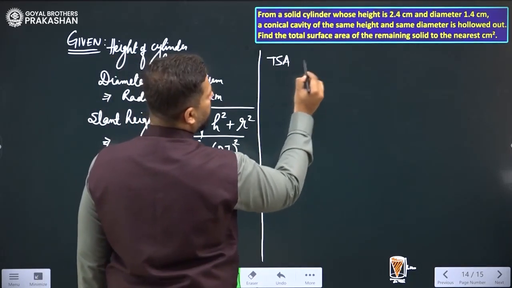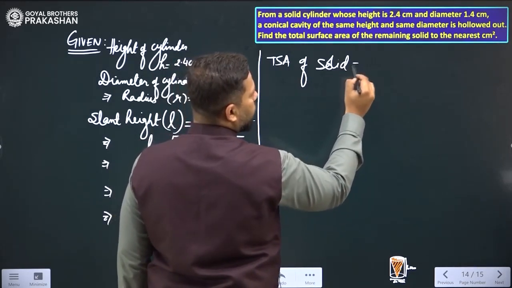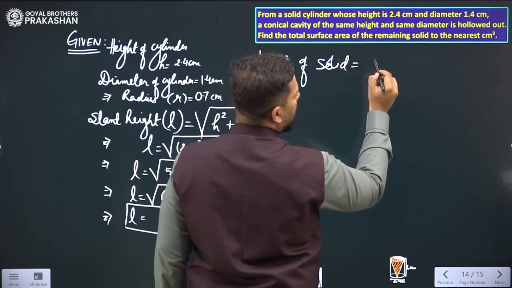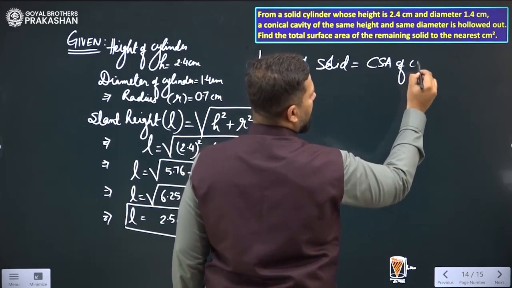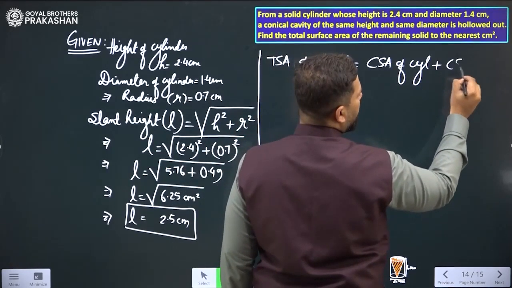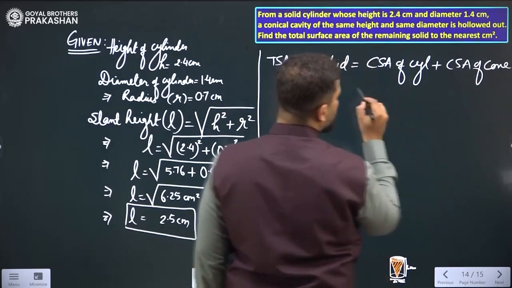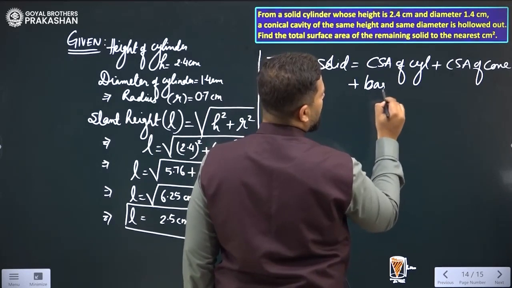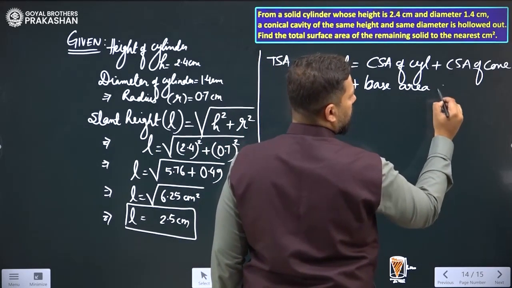The total surface area of solid, as I told you earlier when we were discussing the diagram, will be curved surface area of cylinder added with the curved surface area of cone, and also we need to add the base area of the cylinder, as the cylinder is solid.